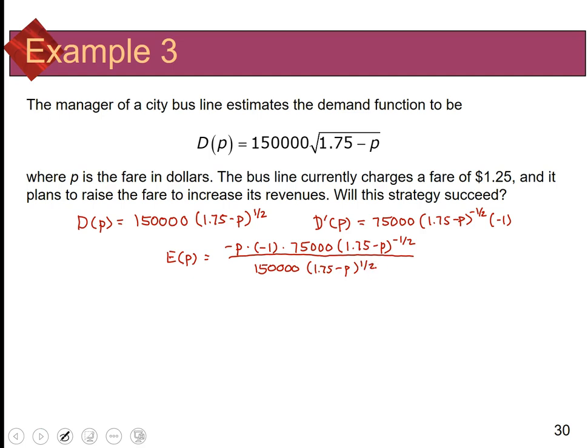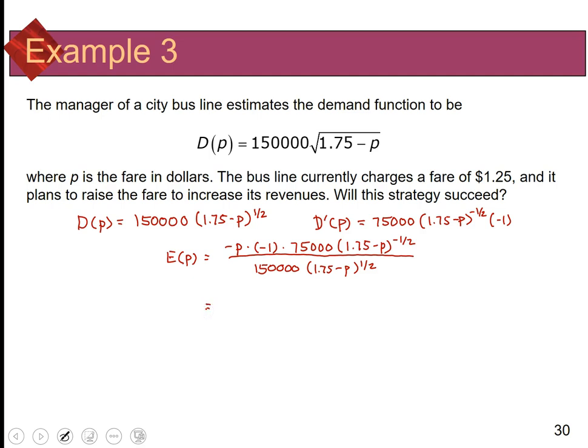Now obviously I want to carry some simplifying through this. Since both have a multiplication of 1.75 minus P to some power, I can carry through exponential rules to take care of that.